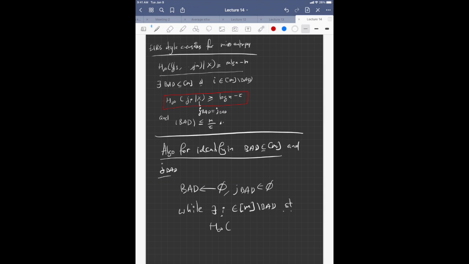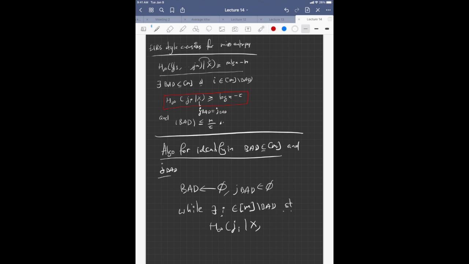It says that if you look at the min entropy of j_i conditioned, we are sampling from the neighborhood of x. These vectors j come from the neighborhood of x, so we are always conditioning on x. I'm not writing that conditioning anymore, but it's always there.